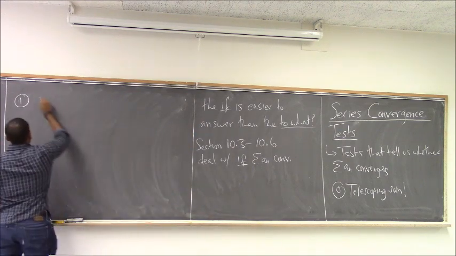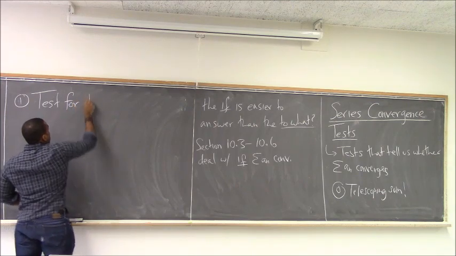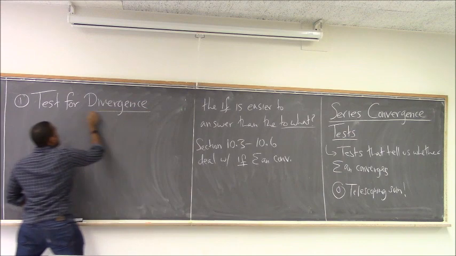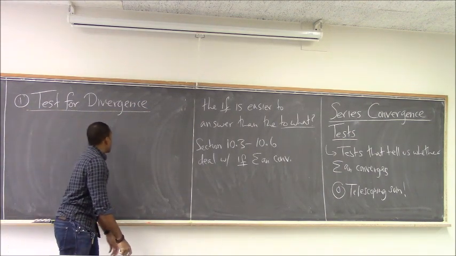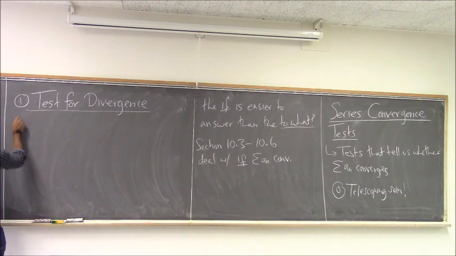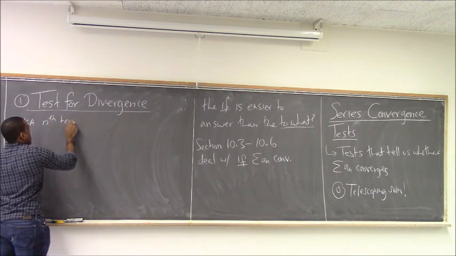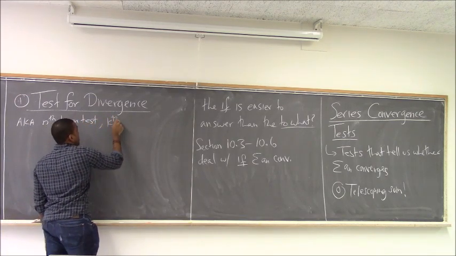So here's something called the test for divergence. Now there is a test that's going to be easy for us to tell if something diverges. It's called the test for divergence, aka might be called the nth term test, might be called the kth term test.